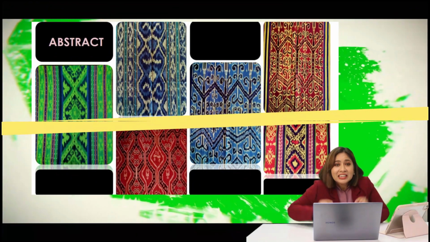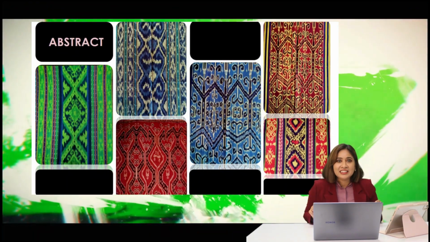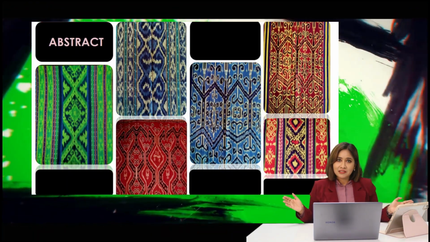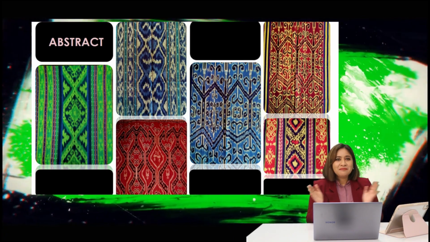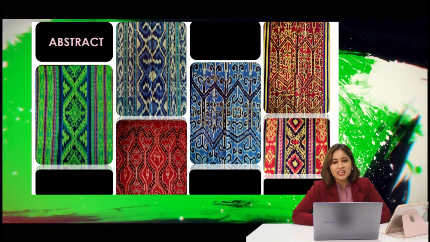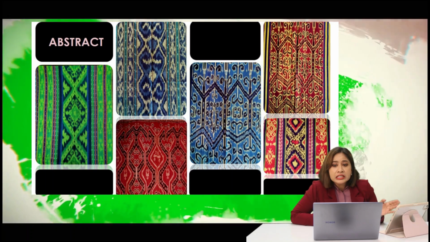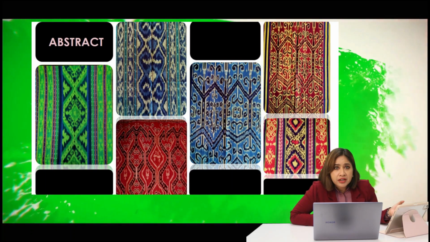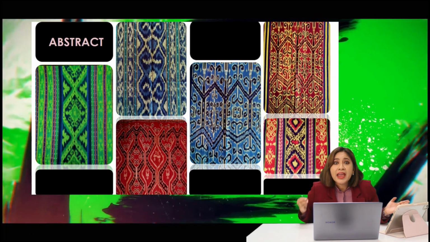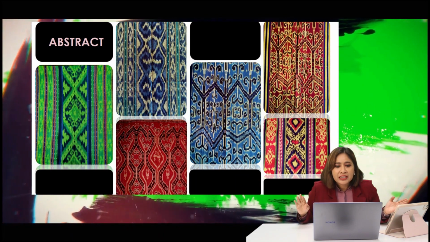Ladies and gentlemen, this is another category which is also very interesting. The abstract category. Someone is clapping. So the design motifs in this category, which is abstract, do not need any ritual to be performed.